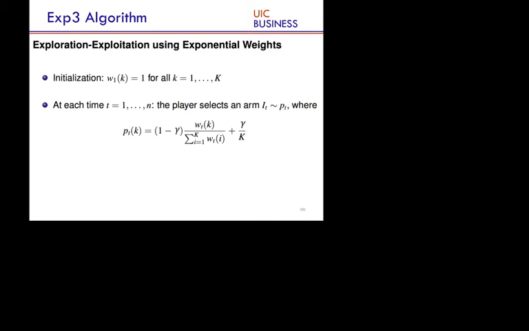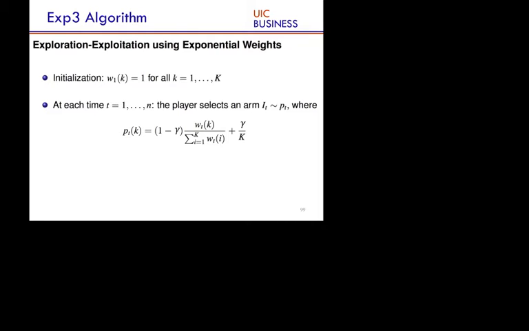So what do you need to do at each time? Again, we start with a bunch of weights, and at each time we select an arm according to a distribution that we create over the k arms. What is this distribution? Remember, this was the same as before: the numbers that we have divided by the total numbers.